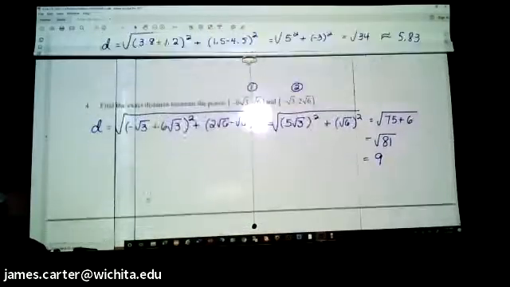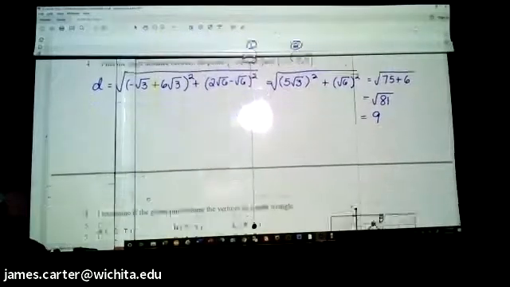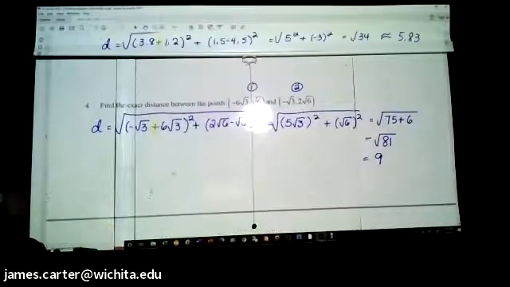Okay, problem number 4. Another similar problem, except more complicated. So I put in negative square root of 3 minus negative 6 square root of 3, quantity squared, plus 2 square root of 6 minus square root of 6, quantity squared.